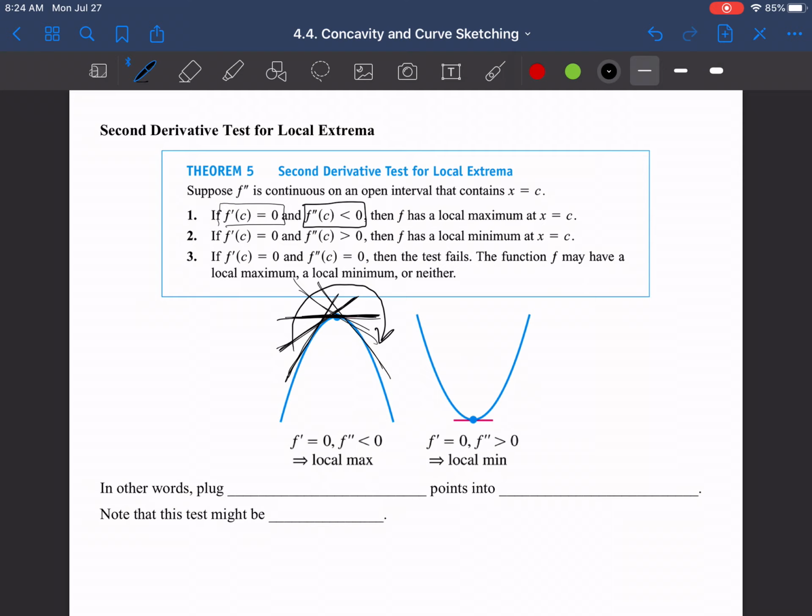It tells us that it is concave down, and therefore this point that we crossed, right, where we had a derivative equal to 0, has to be a local maximum. All right, it's a maximum when it's concave down because it's the top of a hill. On the next one, if f prime equals 0, again, this one's going to go with this situation right over here, the second one.